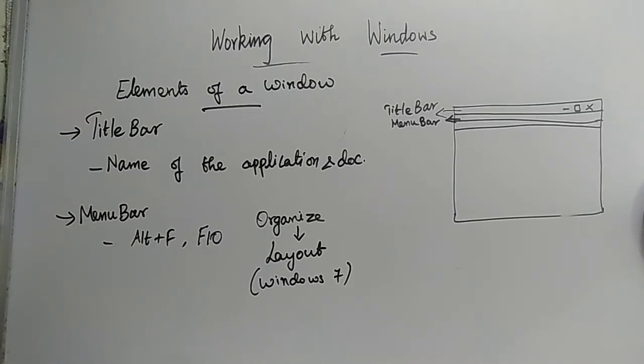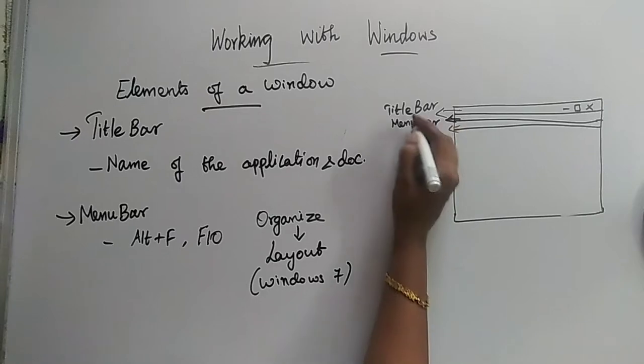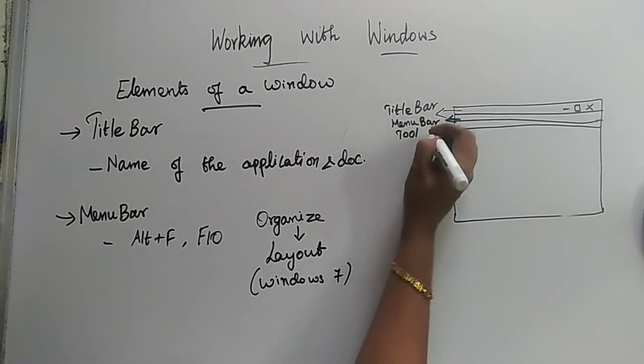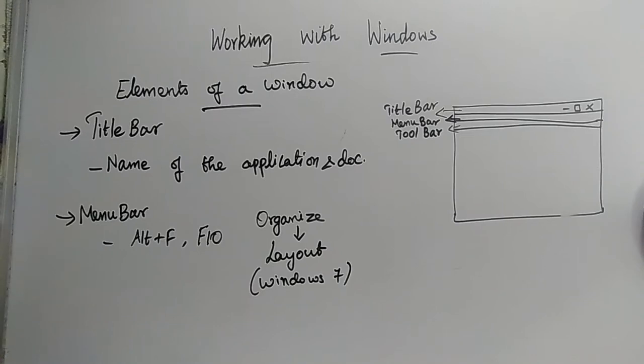Next we are going to discuss the workspace. Next to the menu bar, you will have the toolbar here. What is the toolbar? By the name itself, you are going to have many tools here. So that is your toolbar.